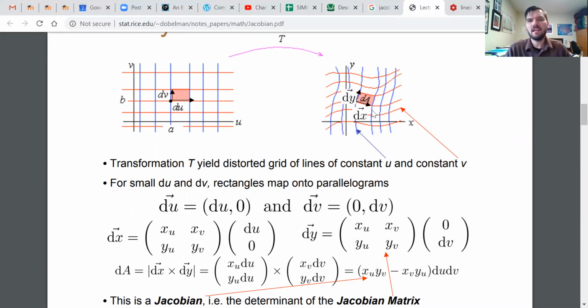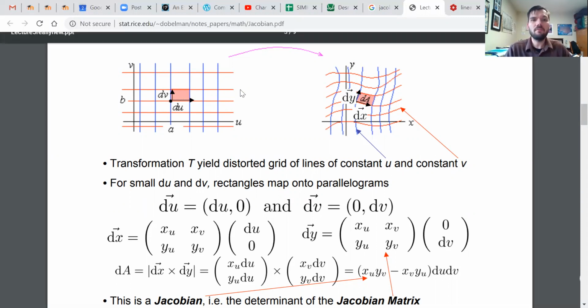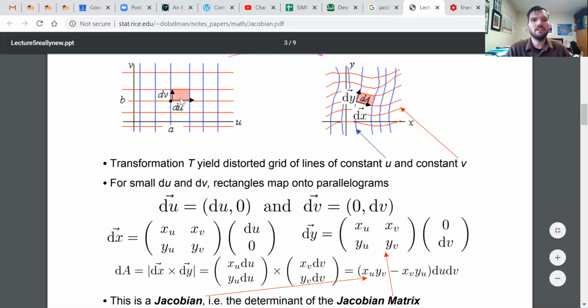And so this dx and dy vector we're going to focus on are not necessarily in the x and y direction, which is ironic. They are kind of tilted a little bit, but they're used to form the change in area, the little pieces of area that we're adding up. And they come from very nice changes in u and v, little pieces of du dv.